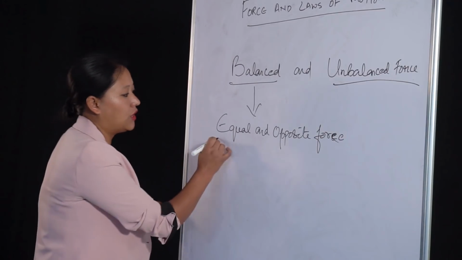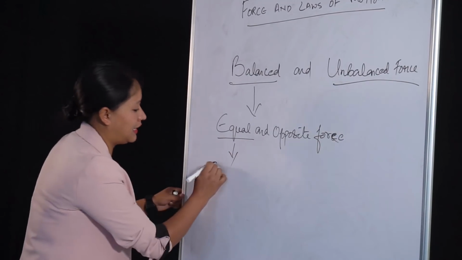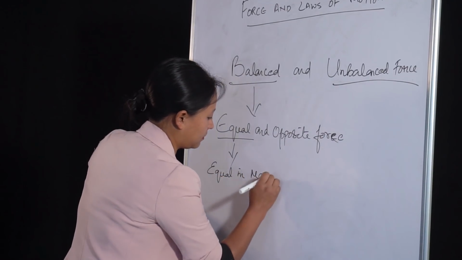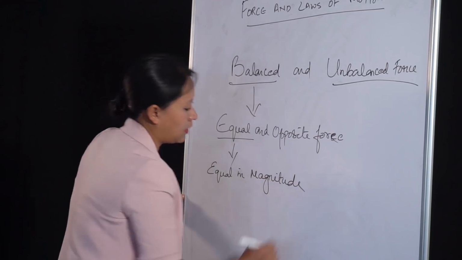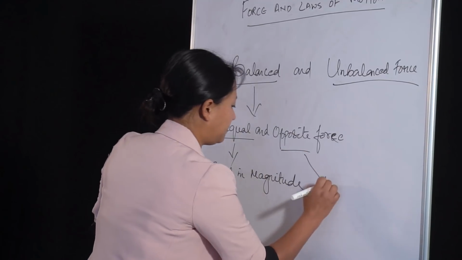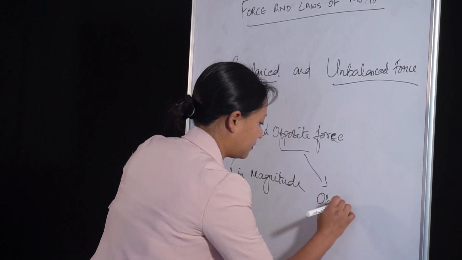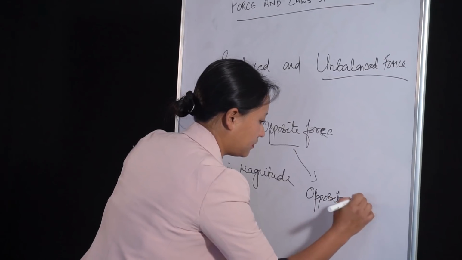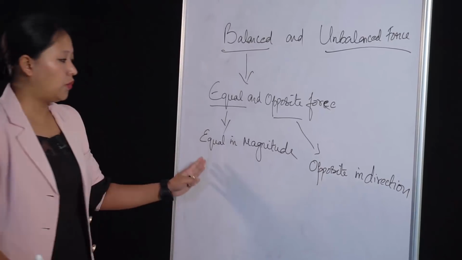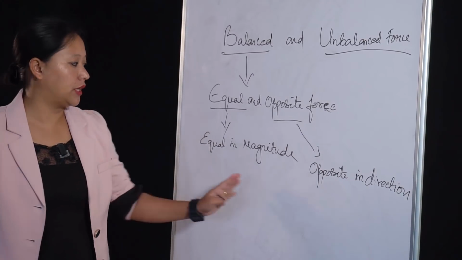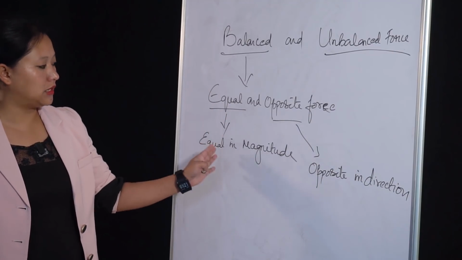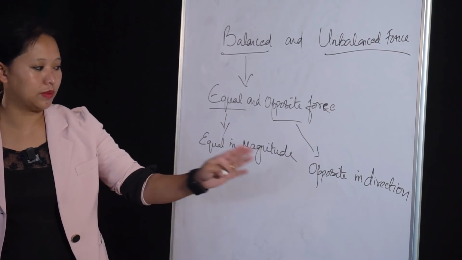When I say equal, I mean equal in magnitude, and opposite means opposite in direction. This is the definition of balanced force. Balanced force means equal in magnitude and opposite in direction.